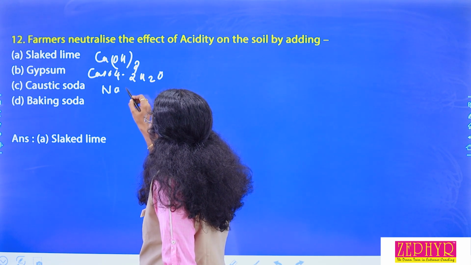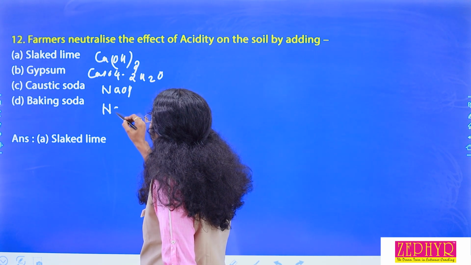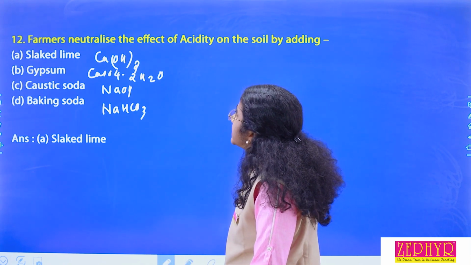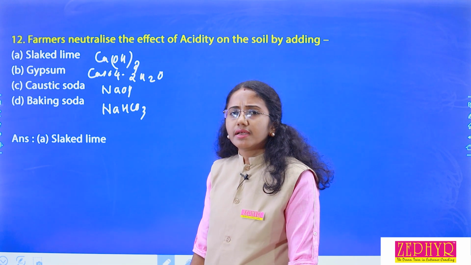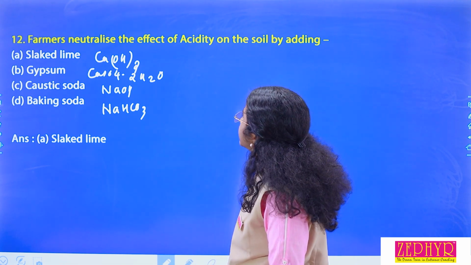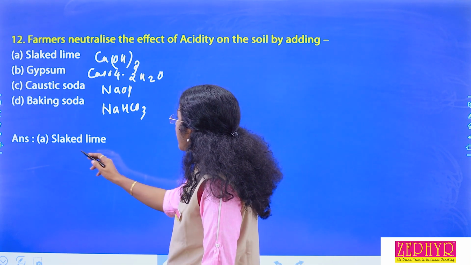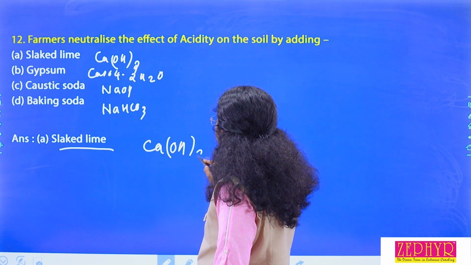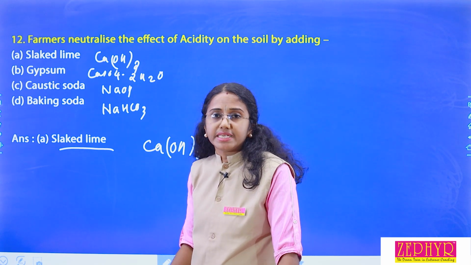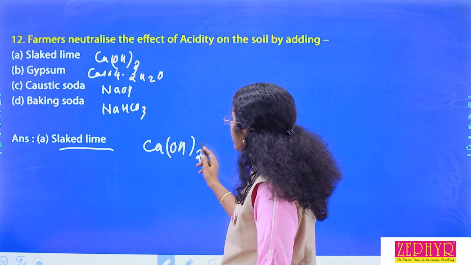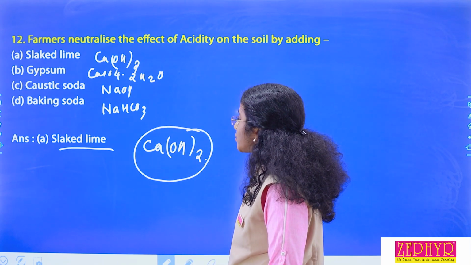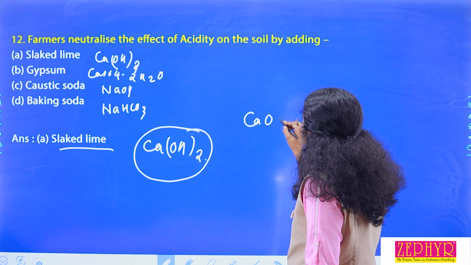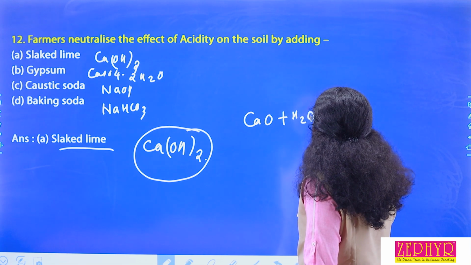Caustic soda is sodium hydroxide. Baking soda is NaHCO3. We can neutralize the acidity using a basic substance. Slaked lime is calcium hydroxide. Calcium is a metal, and metallic oxides are basic in nature. That is why we can add Ca(OH)2. Ca(OH)2 is obtained from CaO: CaO plus water gives Ca(OH)2.